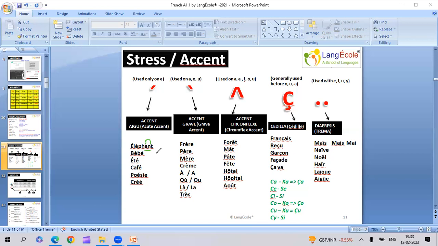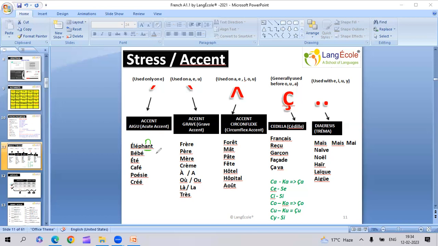Next accent is accent grave. Accent grave is put on 3 different vowels: E, A, and U. Remember that even if it is put on the 3 vowels, or voyelles in French, the difference of sound is only on the E. If you find this accent on A and U, pronunciation-wise it will not change.